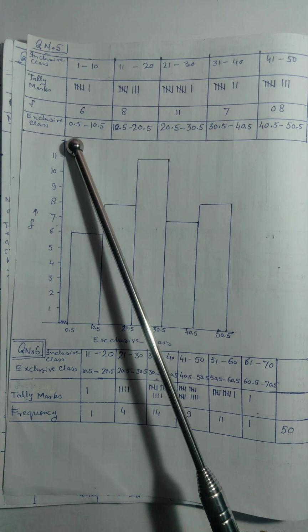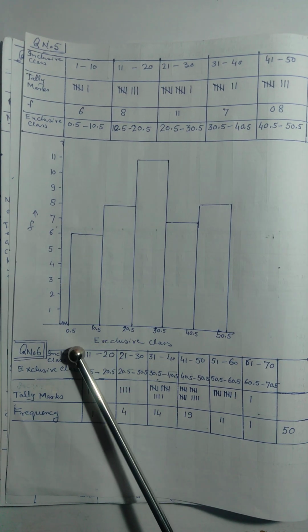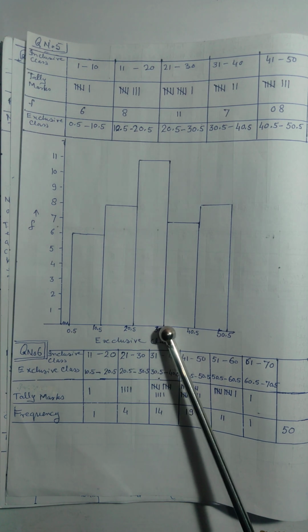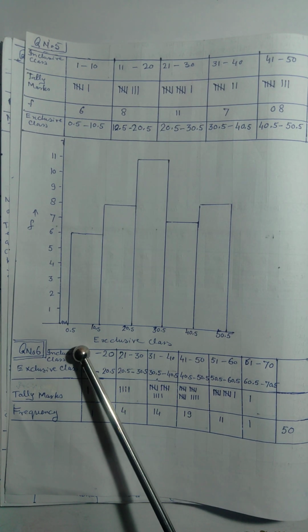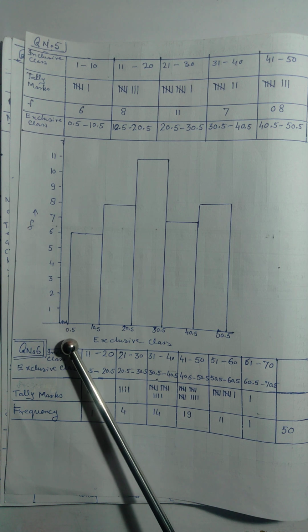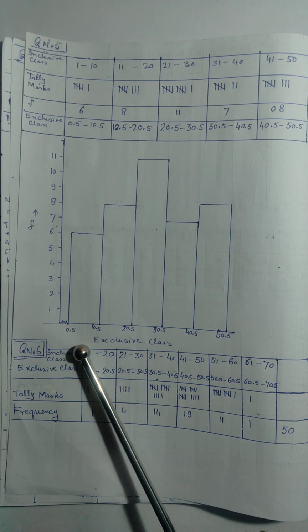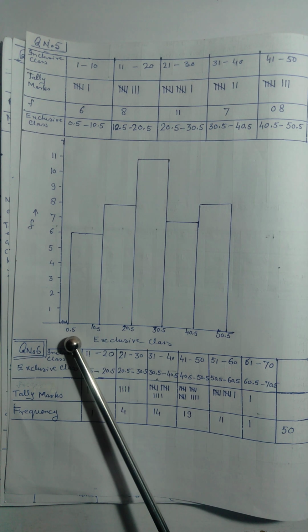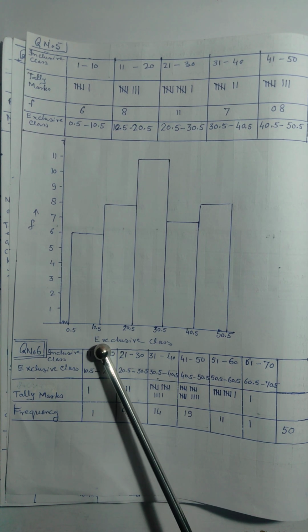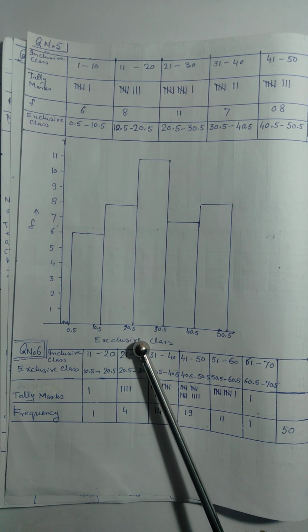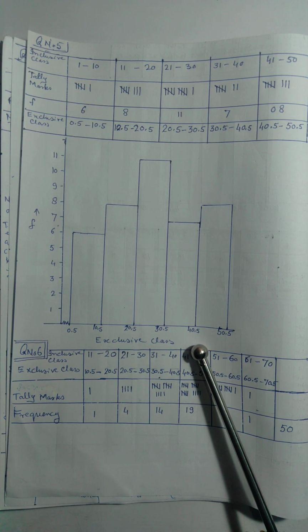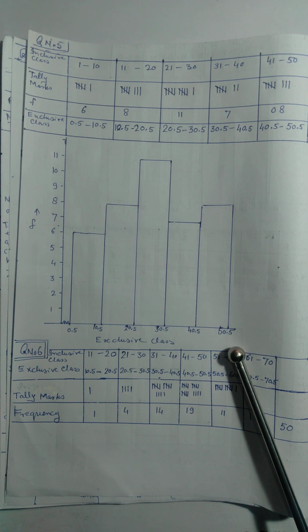So this exclusive class will help you to prepare the histogram. Here you see, in the beginning from 0 to 0.5. And now the classes start: 0.5 to 10.5, 10.5 to 20.5, 20.5 to 30.5, to 40.5 and 40.5 to 50.5.